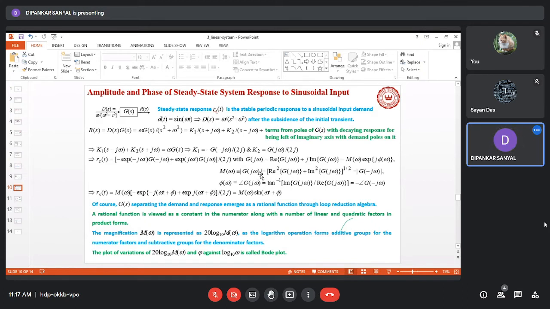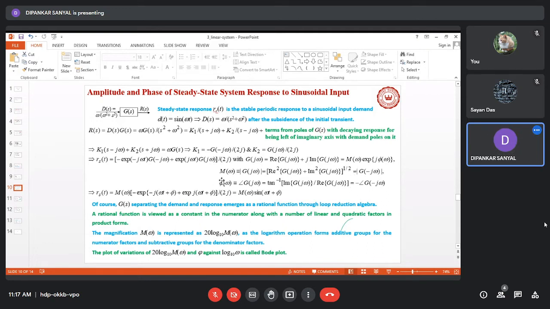And if we see the magnification of G(jω) and G(minus jω), it remains the same thing, but when we go for the phase difference, for G(jω) it is the imaginary part divided by the real part, and when we have G(minus jω), because of the negative sign here, we'll be having a negative part coming out.